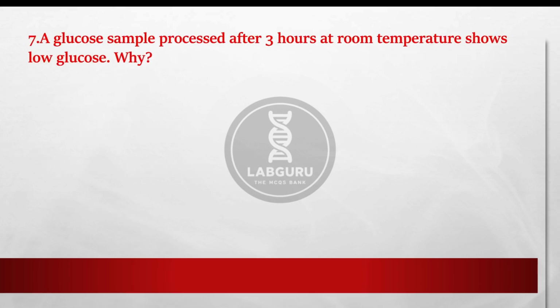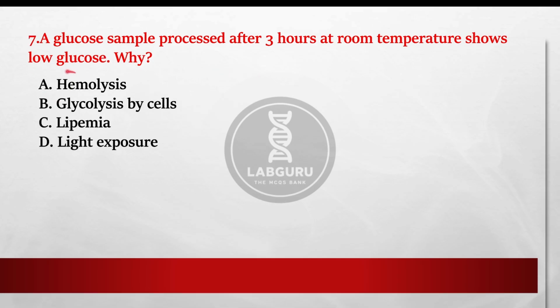Question number 7 is: a glucose sample processed after 3 hours at room temperature shows low glucose. Why? Our options are option A, hemolysis, option B, glycolysis by cells, option C, lipemia, and option D is light exposure.